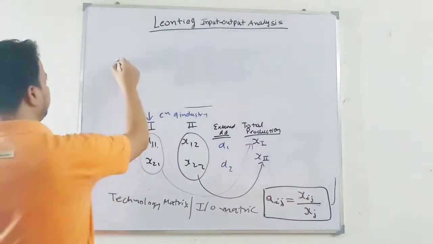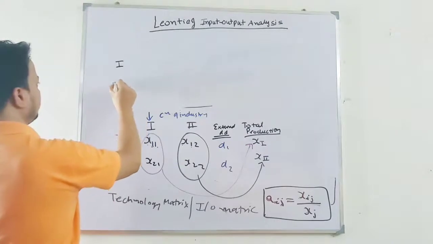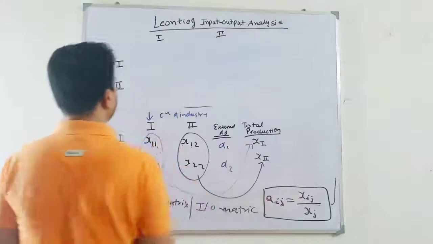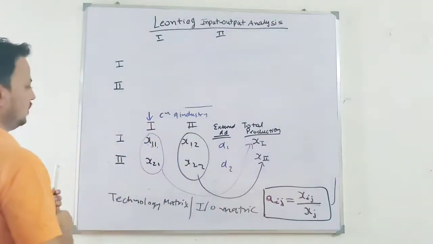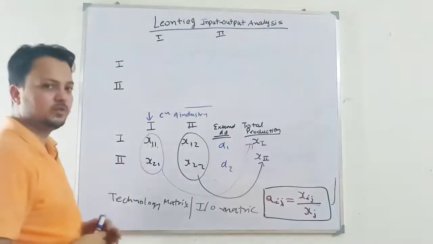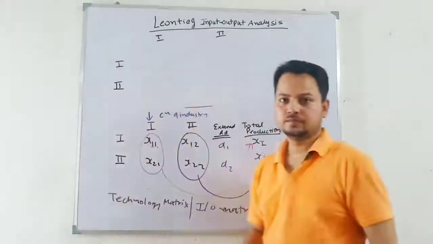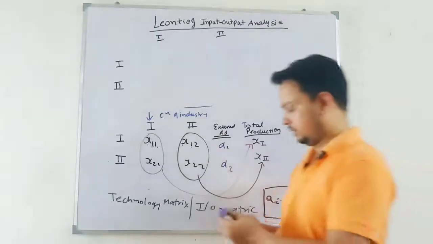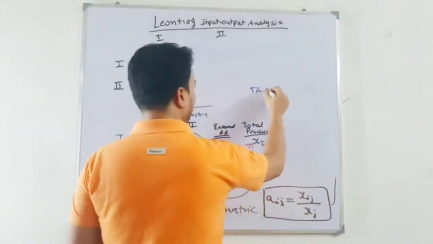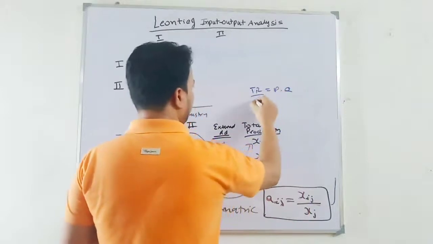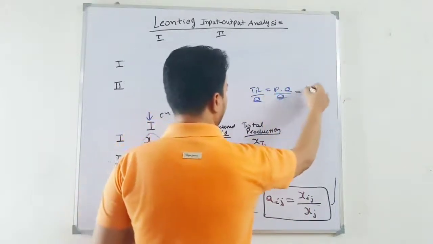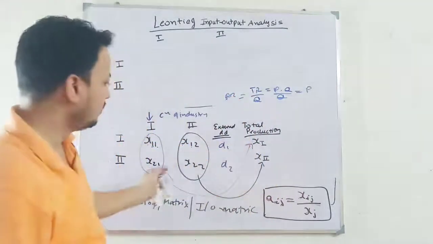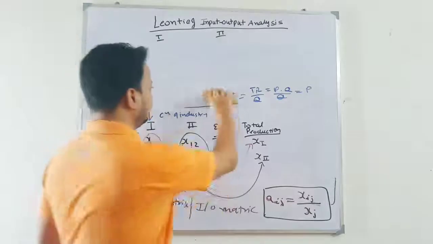So let me construct it here: first, second industry, first, second industry. Now, when we want to convert to per unit terms, what do we do? Remember, total revenue is price into quantity. So we divide by Q, then we get average revenue, which is per unit, right? Here also we divide this thing.